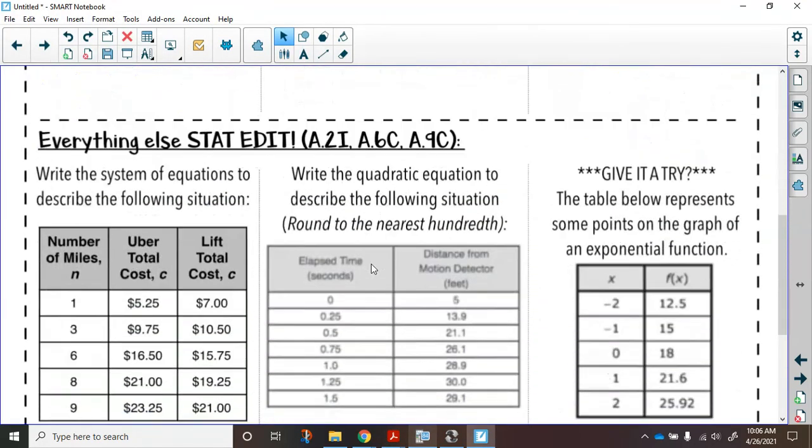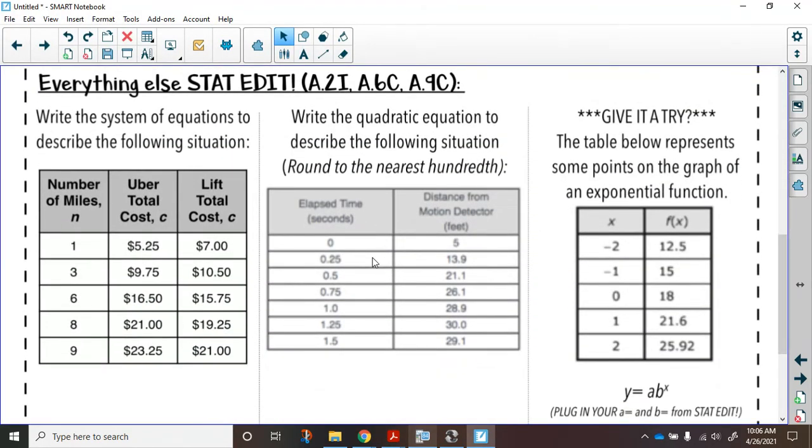Alright, so for the last part, again, we're just dealing with StatEdit. The first problem is going to be a system of equations. So while our x, or number of miles in this case, stays the same, for Uber and Lyft we're looking at the different costs.